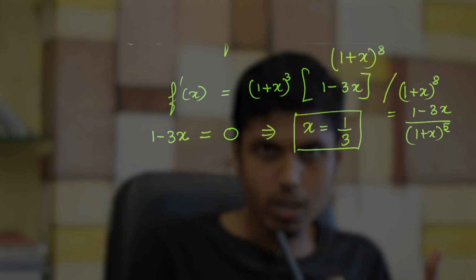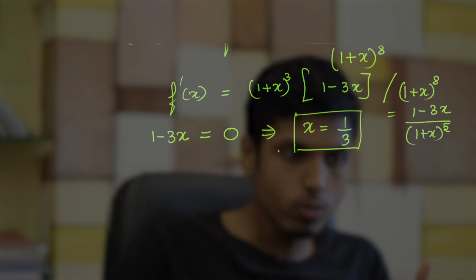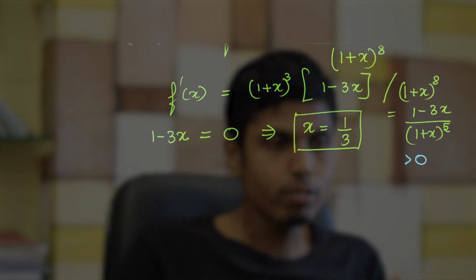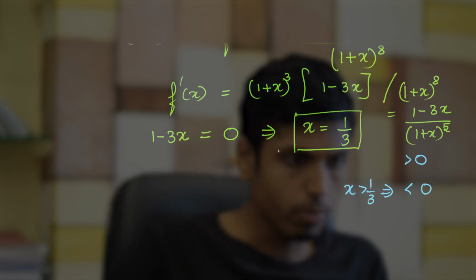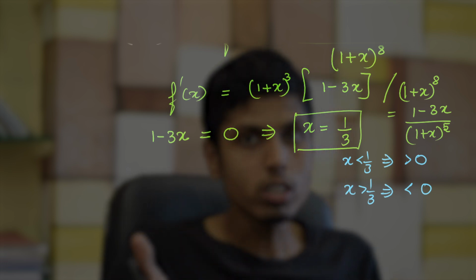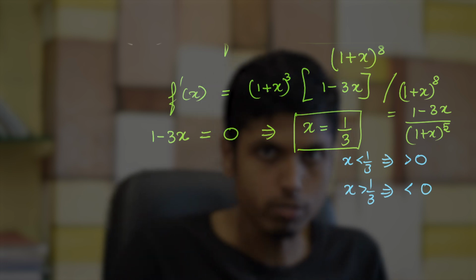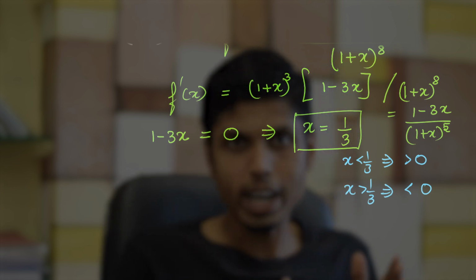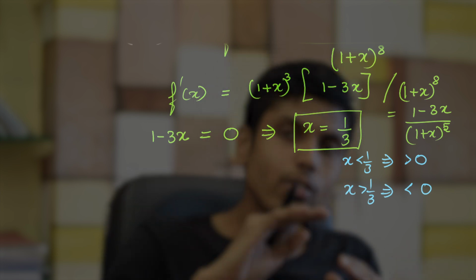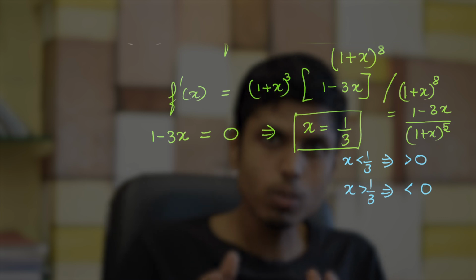Now if x is less than 1 by 3, clearly this value goes above 0. And if x is more than 1 by 3, this value is negative. Implies the slope is negative, and if x is less than 1 by 3, implies the slope is positive. But what is the meaning of slope being positive? It means that the graph is increasing before x equal 1 by 3. And the graph is decreasing after x equal 1 by 3.